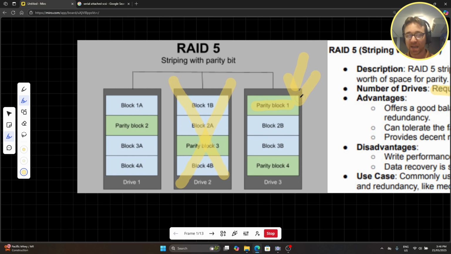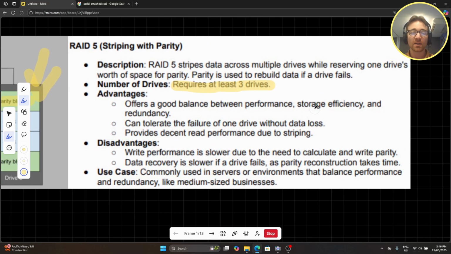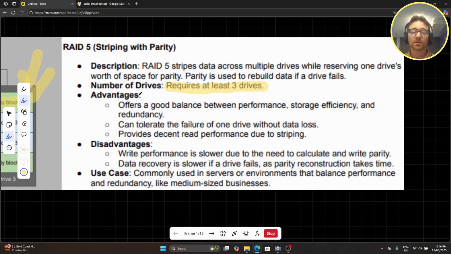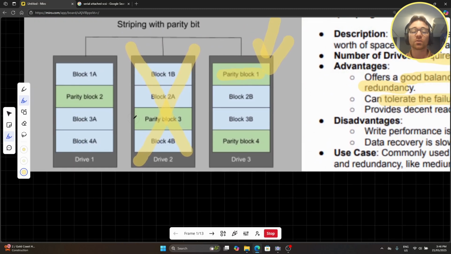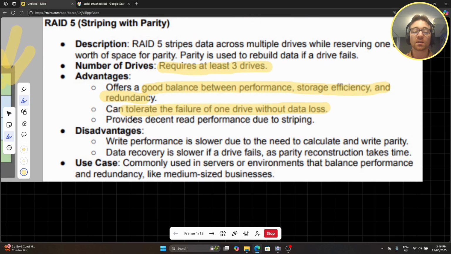So this is a little bit of an in-between one, right? RAID 5 has the advantage of a good balance between performance, storage efficiency, and redundancy, right? It can tolerate the failure of one drive without data loss. If more than one drive goes down, you do not have the parity bits to make up for that. So you can only afford one drive to be lost.